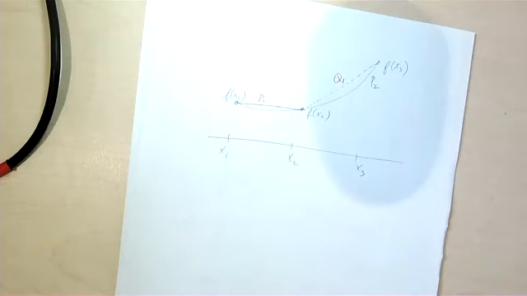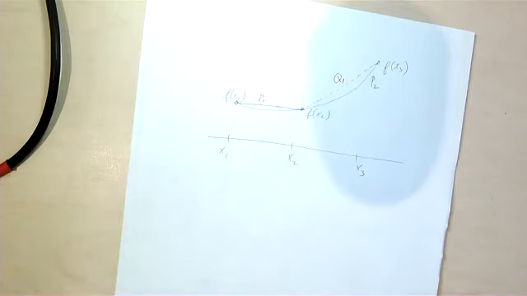For the 3-point divided difference, you just take the difference of those two and divide by x3 minus x1. And for the last one, you take the difference of those two terms over x4 minus x1. Okay, so now let me do one example.